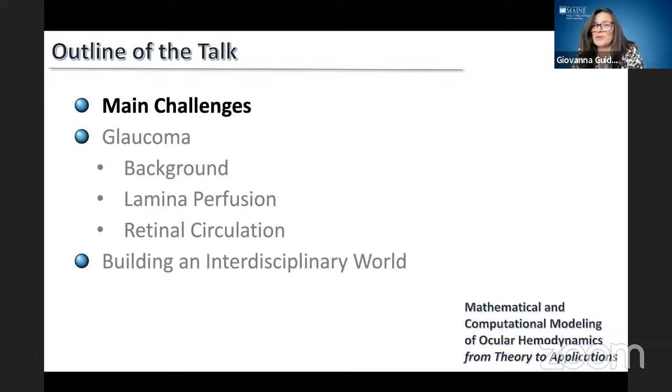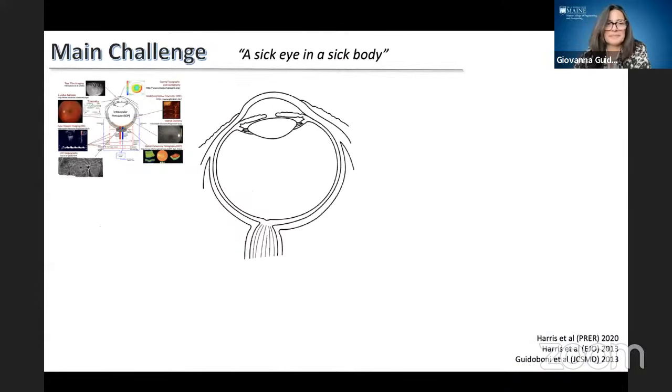And then I would like to conclude with some examples of various activities that we have been promoting to really build an interdisciplinary world around science and medicine and technology, because it is only by working together across disciplines that we can really help everyone live a better life.